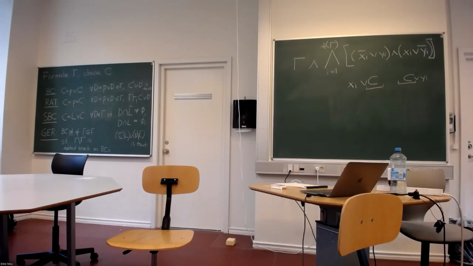I mean, there could be other RAT steps, but by monotonicity, those I could have carried out on gamma, I guess. But that seems to be a way to get rid of any RAT steps on xi's or yi's. I mean, it's symmetric.